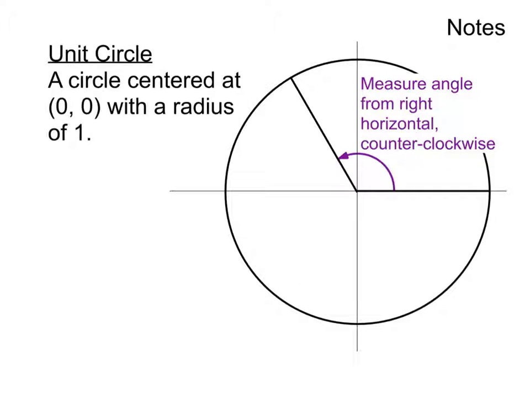Whenever we measure an angle, we measure that angle from the right horizontal. So in other words, this is considered to be a 0-degree angle if we just go straight to the right. And then we go counterclockwise from there. By doing that, we can end up with angles that are anywhere between 0 and 360 degrees. And actually, as we'll see later, even beyond that.